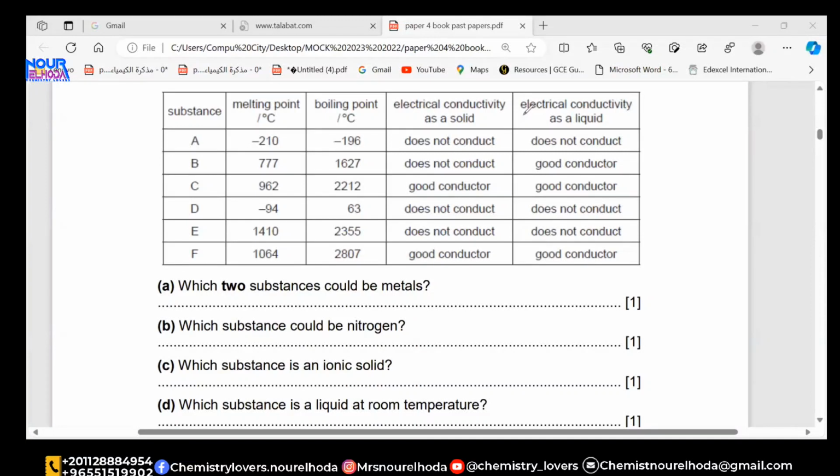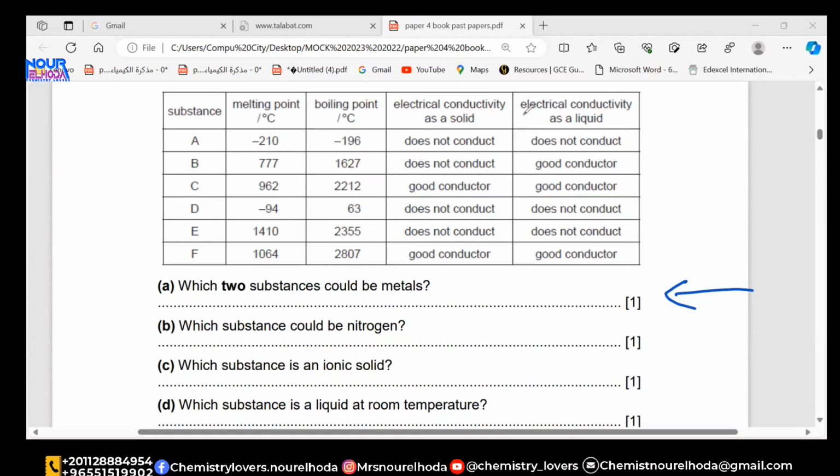So the first question: which two substances could be metals? How do I choose these two substances as metals? We said metals conduct electricity all the time, or only when molten? All the time. Exactly, metals conduct all the time, correct. And the melting point and boiling point, are both numbers high or low? For sure metals are going to be high numbers.